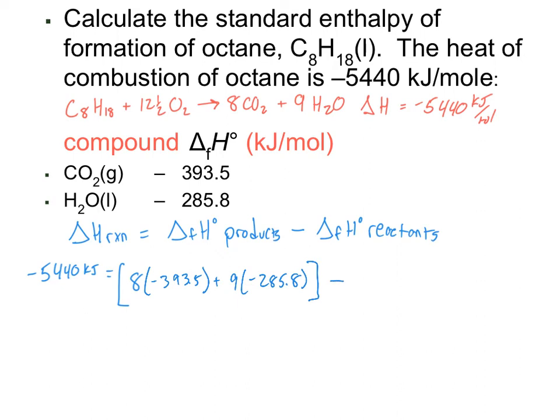Then we subtract from that the delta H of formation of our reactants. One of those is what we are actually looking for. So we will just leave that as delta H of formation of C8H18 plus 12.5 times the delta H of formation of oxygen, and any element in its natural state is 0.